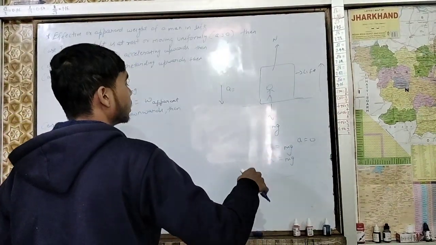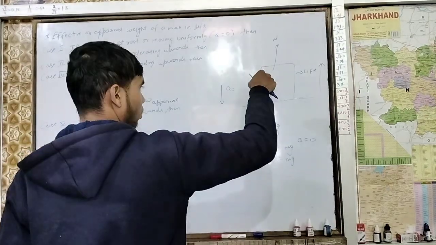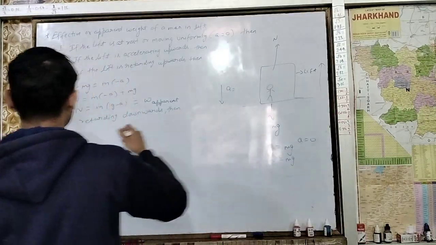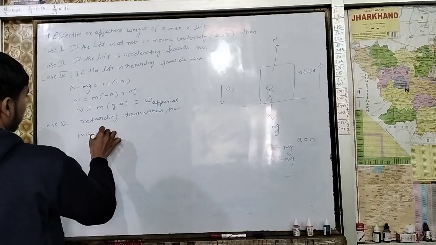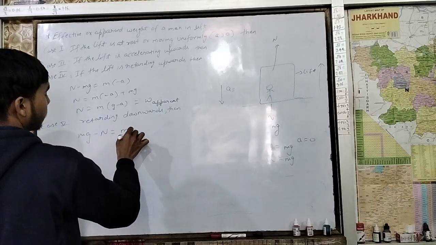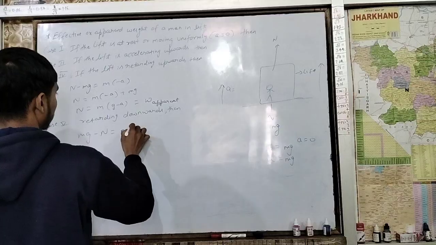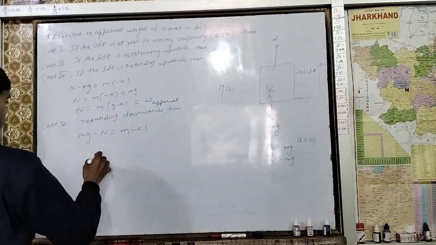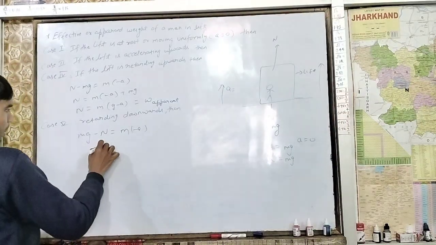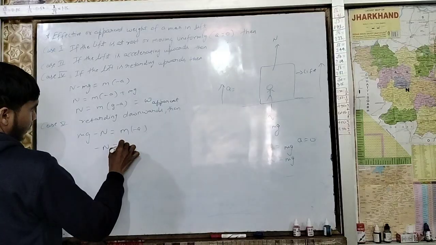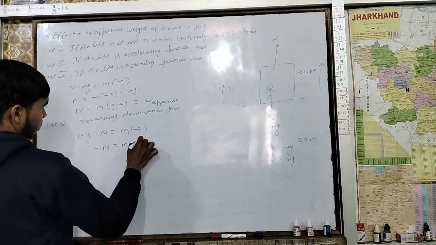It is going downward. Downward, mg minus N will be equal to m times acceleration, but acceleration is upward, so mg minus N is equal to m times minus a.